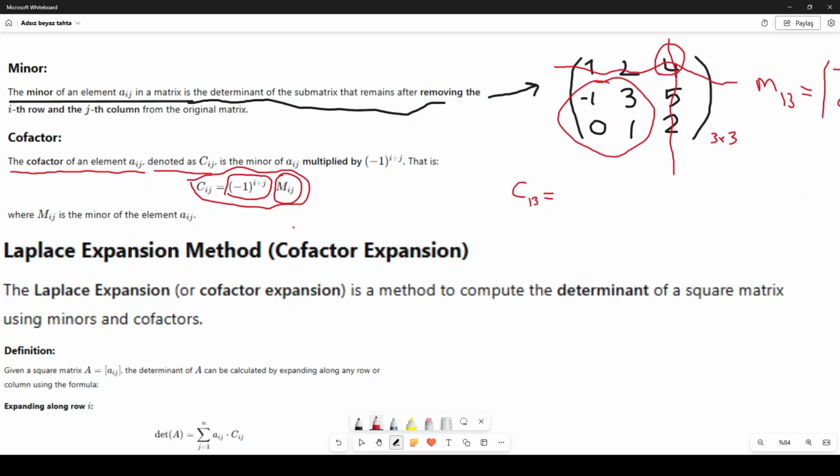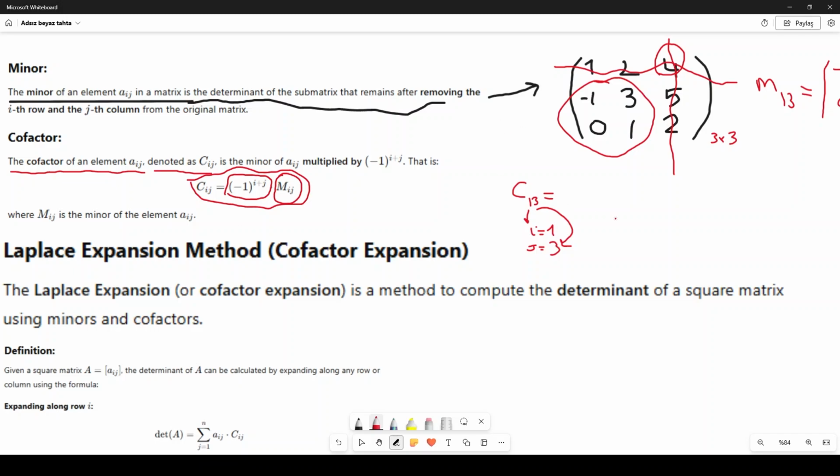And here, i is the row number and j is the column number, right? They are just the index values. So, if I want to find the cofactor 1, 3, then what is the value of i and j? Here, i is equal to 1, right? Because it is the row number. And j is equal to 3, right? Because j is the column number. So just be aware of that.